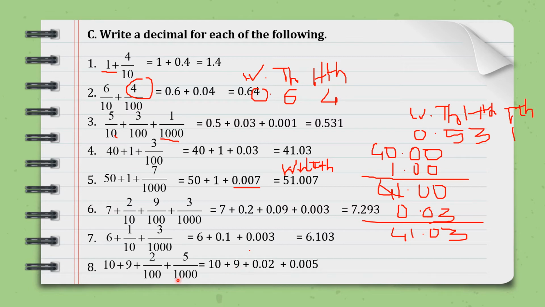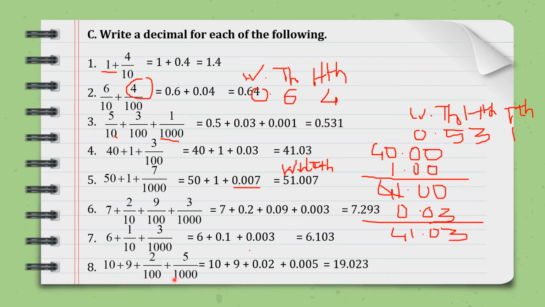Now there is no number for the tenths place as the denominator is 100 here and 1000 here. So on the tenths place it will be 0, hundredths place it will be 2, thousandths place it will be 5. See here, 19.023. Understood?